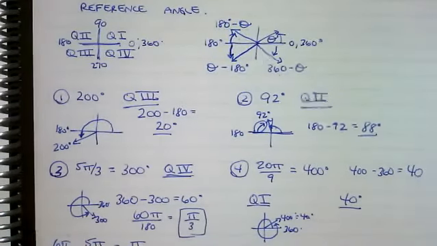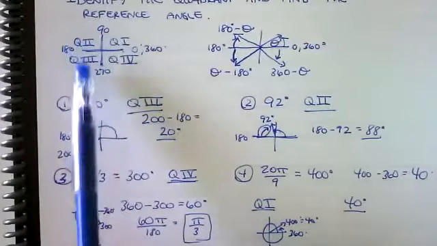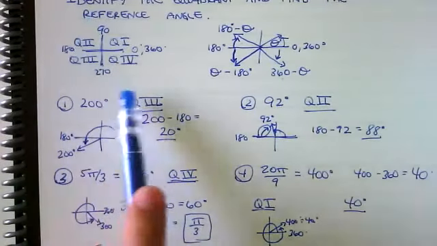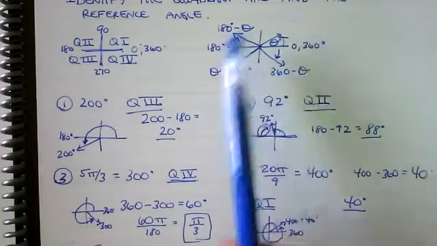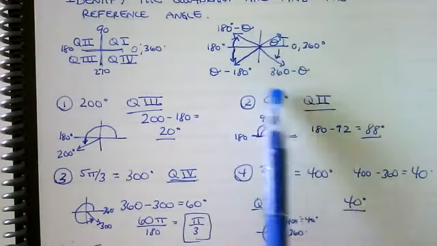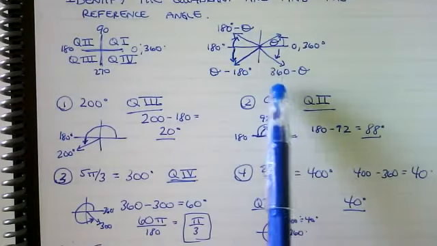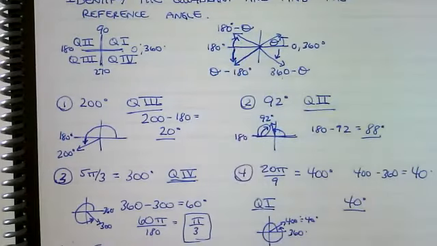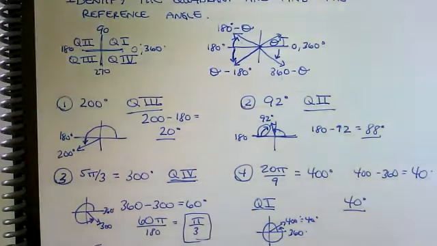So we have to remember our quadrants. That's super important. And our degree measures that are in there. But for this, it's an easy way to just use the formulas. But remember, the biggest thing is you're figuring out how far you are from the x-axis. That is going to be your reference angle. And your reference angle always has to be between 0 and 90. It has to be in that first quadrant, right?